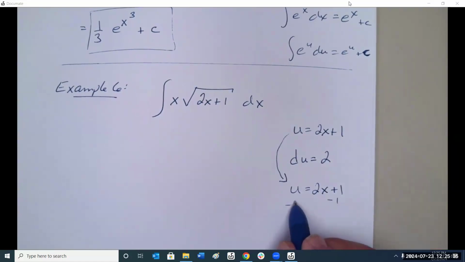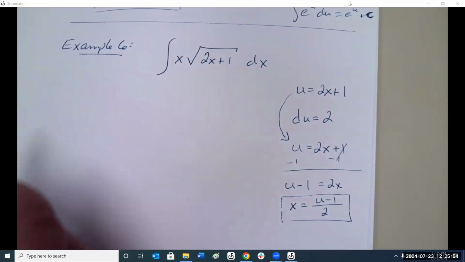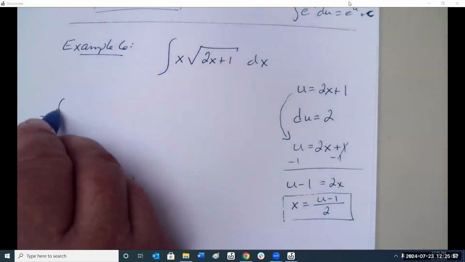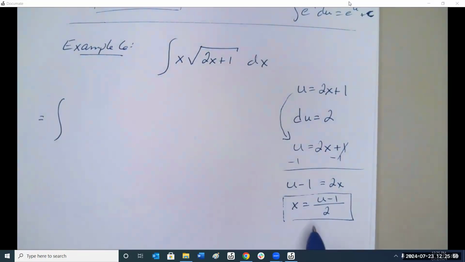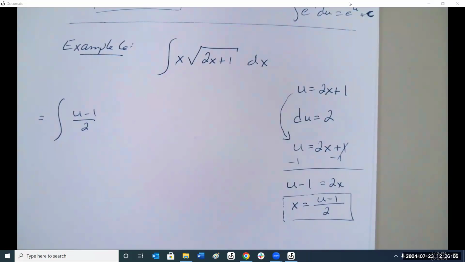So I subtract 1 from both sides. So u minus 1 equals 2x. And divide by 2. So this is what x equals. So my x value becomes u minus 1 over 2.